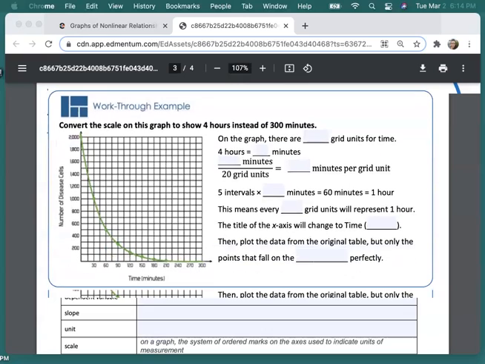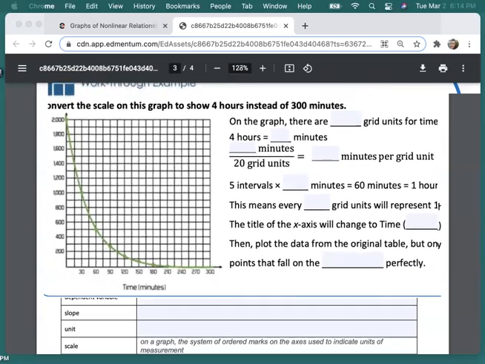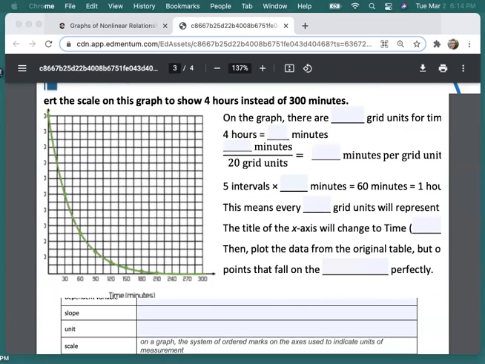So if we look at this function right here, as you can see, the longer it is in time, the lower the number of disease cells. And it shows how to calculate between hours and minutes.